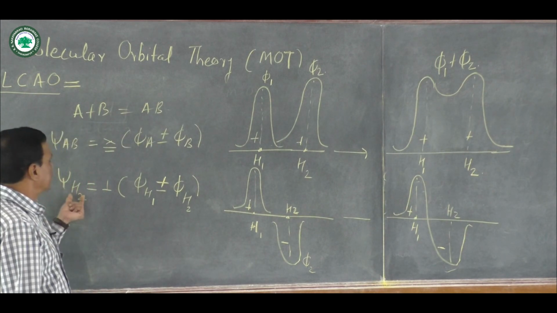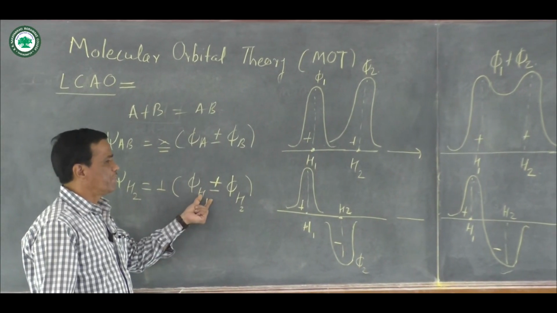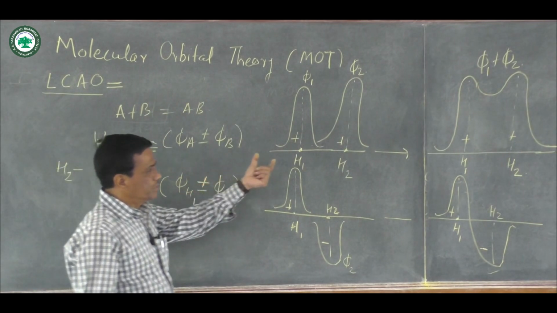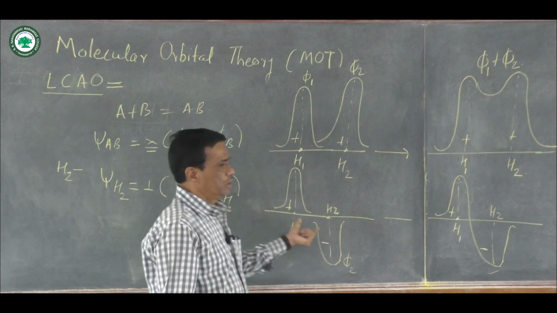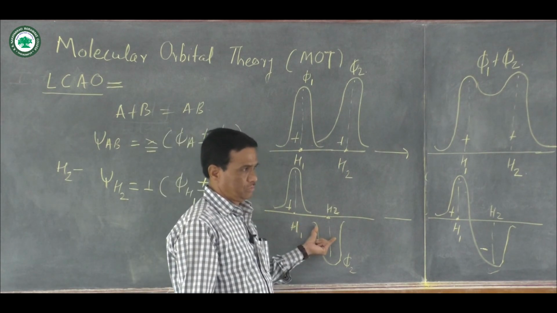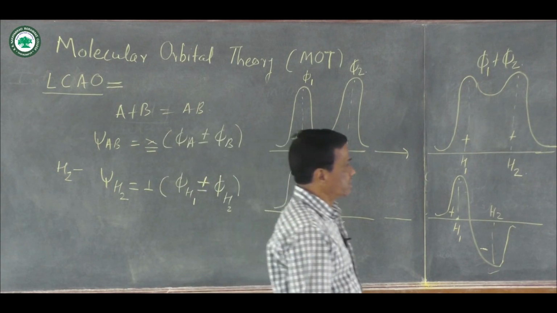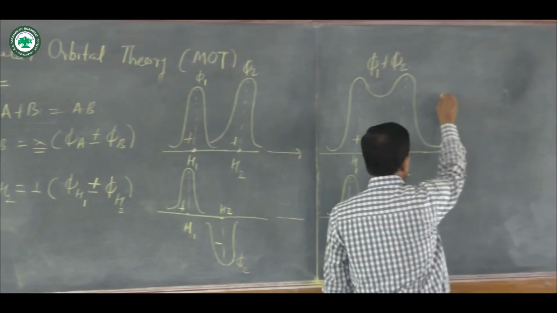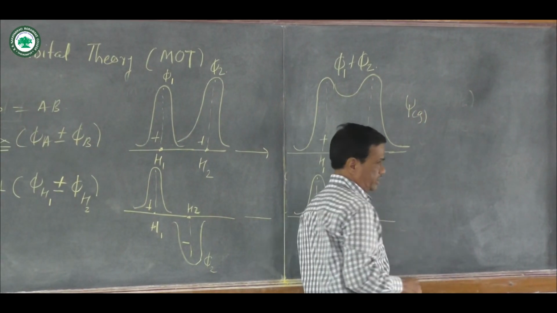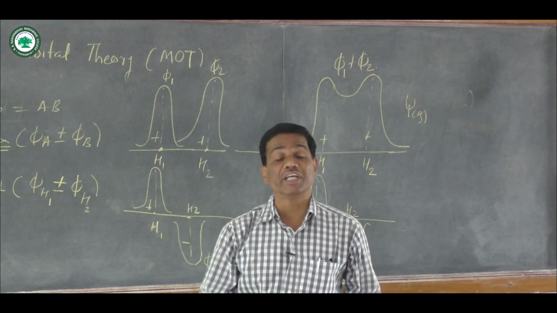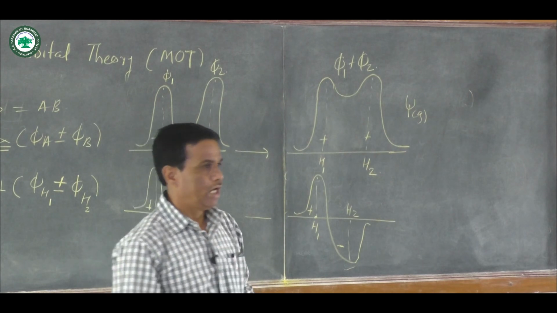Here psi for the H2 molecule is equal to phi 1 plus phi 2, the first type of combination, and phi 1 minus phi 2, a subtraction. That addition and subtraction is represented in two ways. The first one, addition, is represented as psi g, where g means gerade.